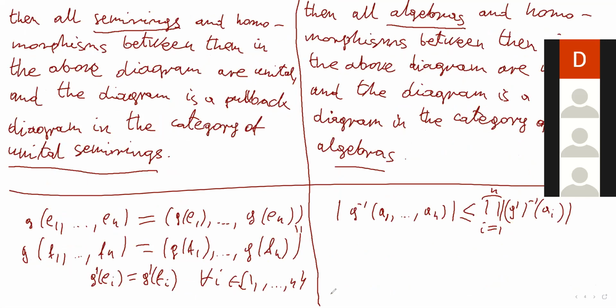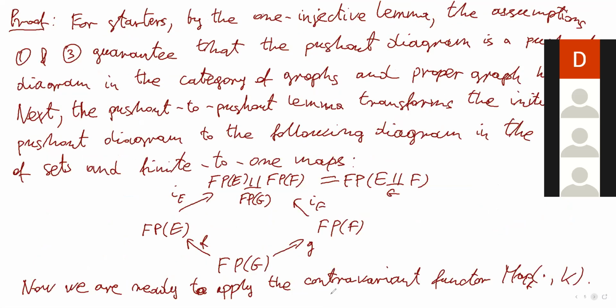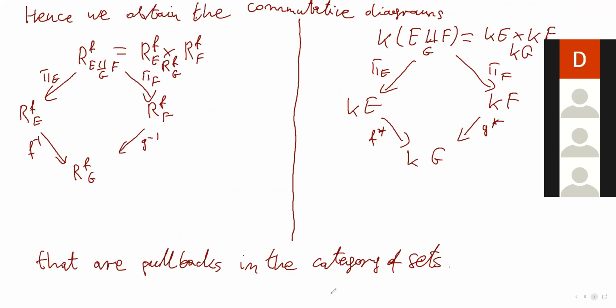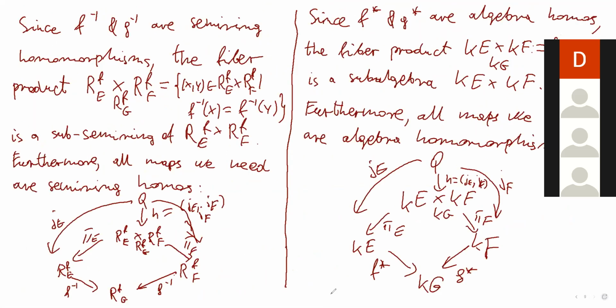And moreover, these pullback diagrams are pullback diagrams in the category of unital semirings and unital algebras. Okay. Well, this is an easy argument, but still we have to do it. So let's do it.